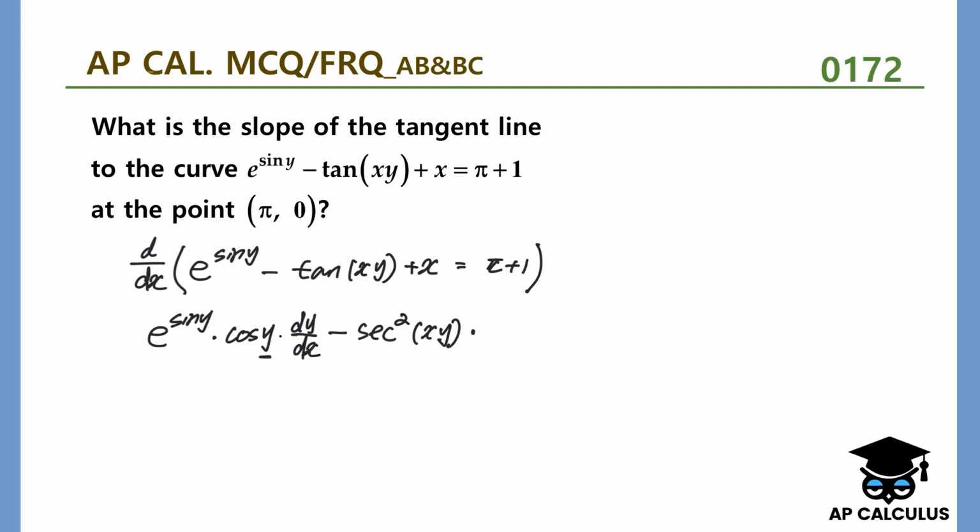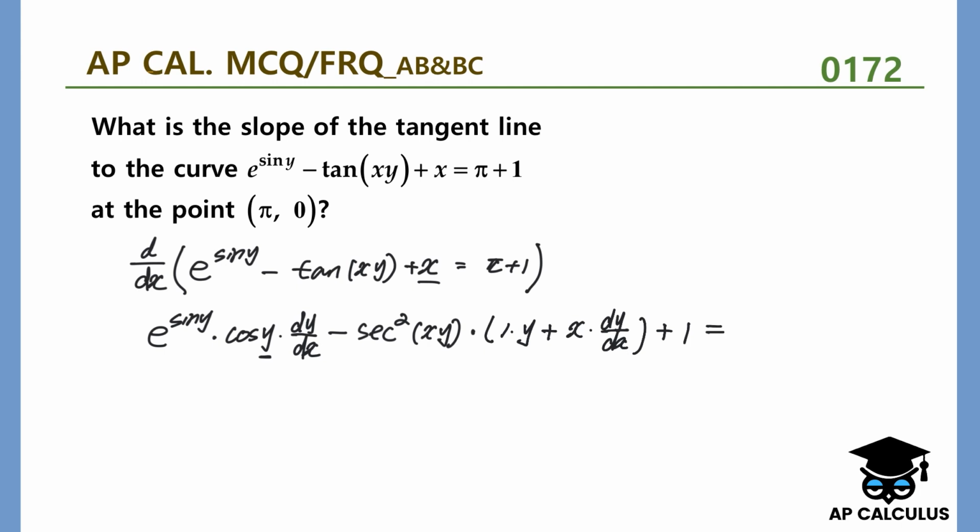We're going to have to apply the product rule to find the derivative of xy: the derivative of x, 1, times y, plus x times the derivative of y, dy dx, plus the derivative of x, which is 1.